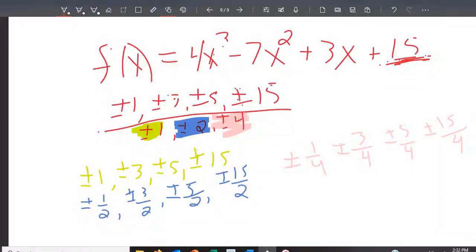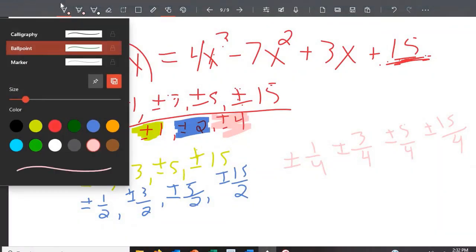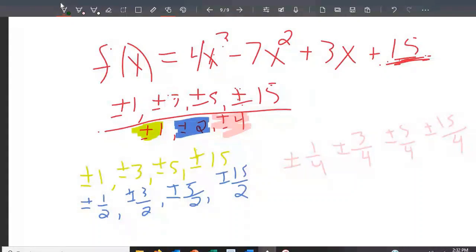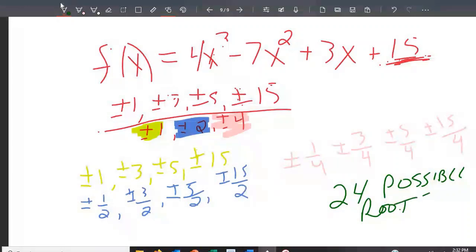Now this is an extreme problem. There are, let's see, 24 possible roots. Our goal is to use synthetic division and these numbers and try to find one that gives me 0 at the end.